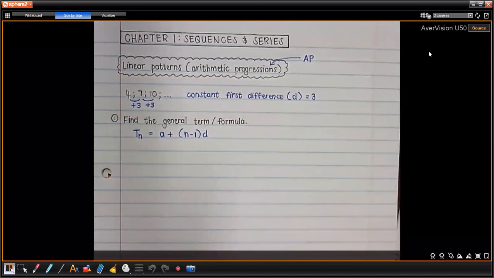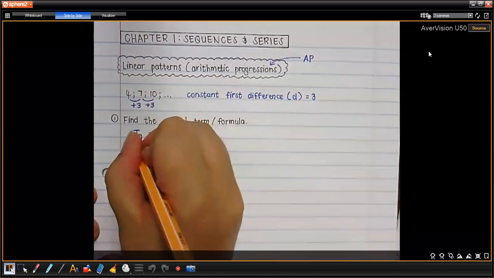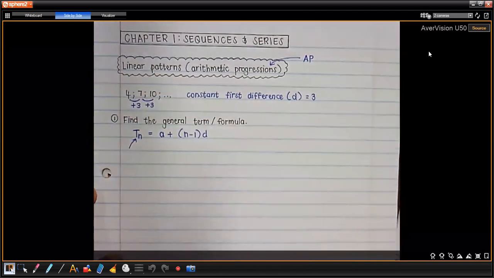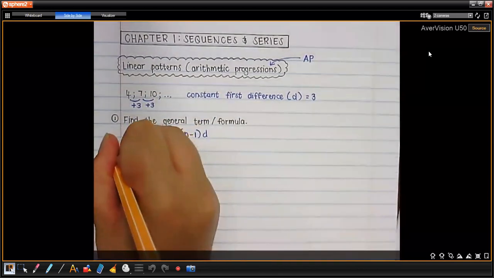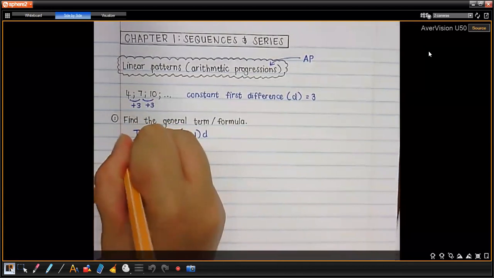We can write little notes on the side just to remind ourselves what each of those variables actually represents. We've already spoken about d. d is the constant difference. Going from the front of this formula, Tn is the general term or the nth term.